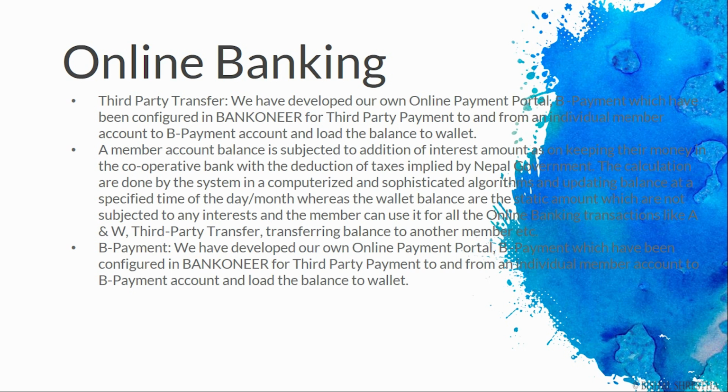The calculations are done by the system with sophisticated algorithms, updating balance at the specified time of the day or month, whereas the wallet balance is a static amount which is not subject to any interest, and the members can use it for all the online banking transactions like ANW, third-party transfer, transferring balance to a member, etc.